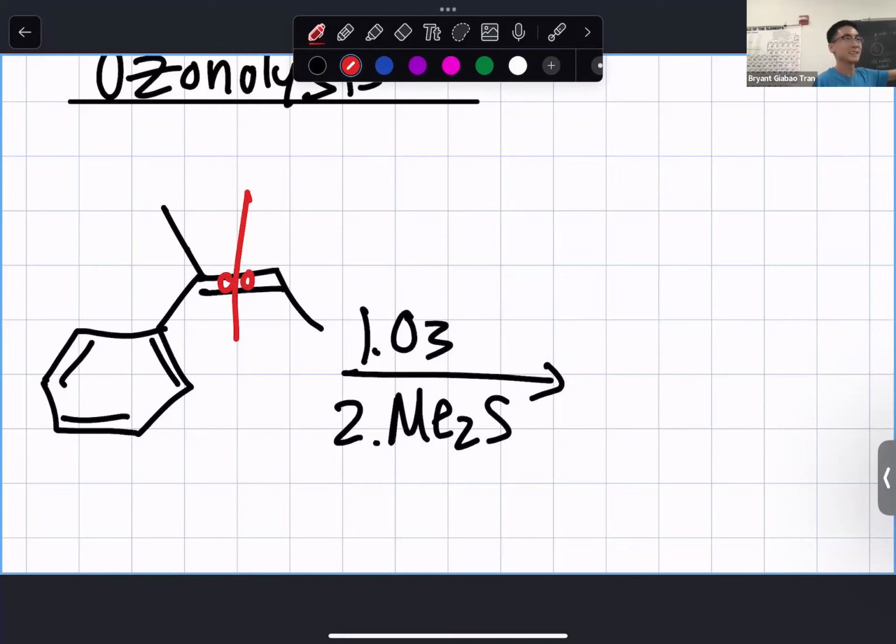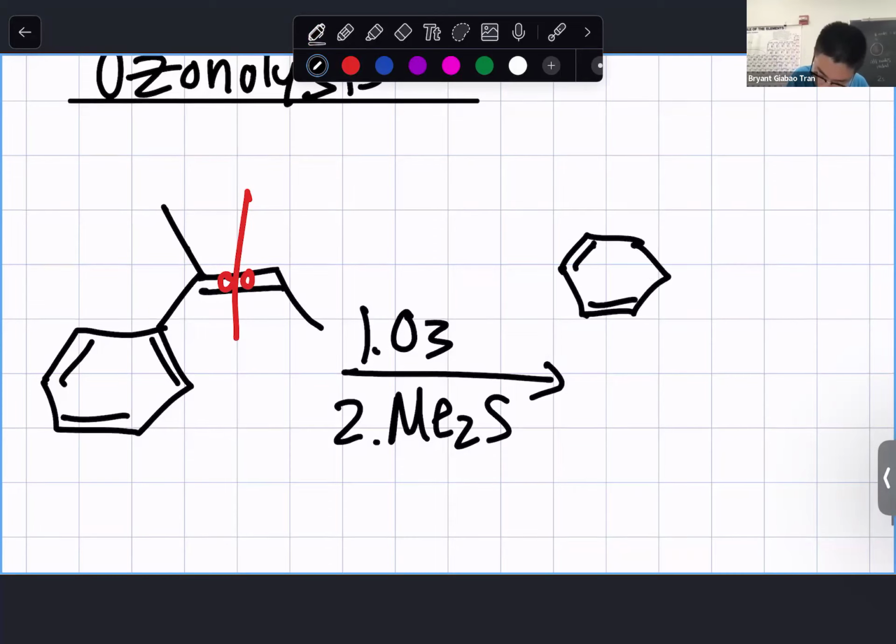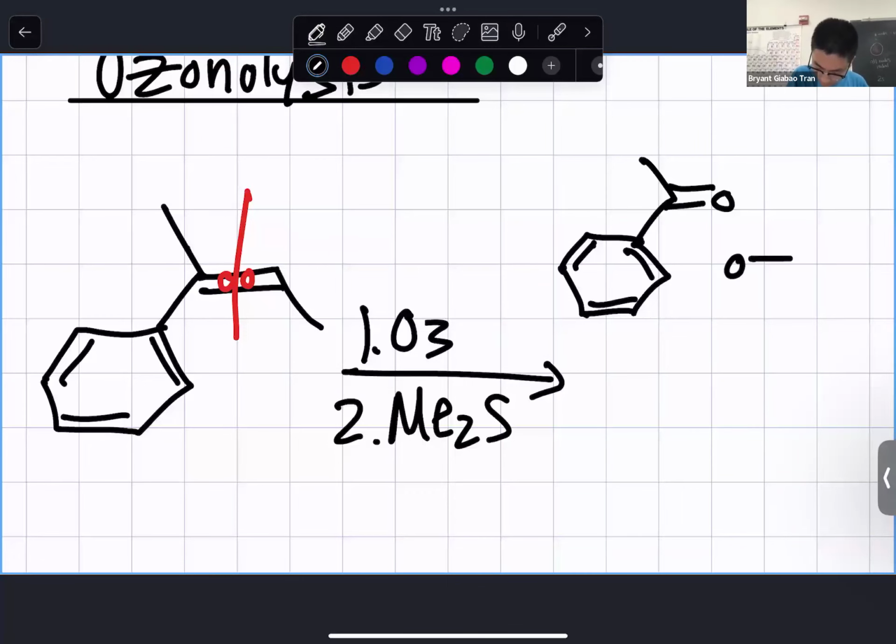Don't touch that benzene stable ring. Once we cut it in half, we get these two products here. Ketone. And this is an aldehyde right here. You can draw out the hydrogen. I recommend drawing it out because we usually draw aldehydes with the hydrogen like that.